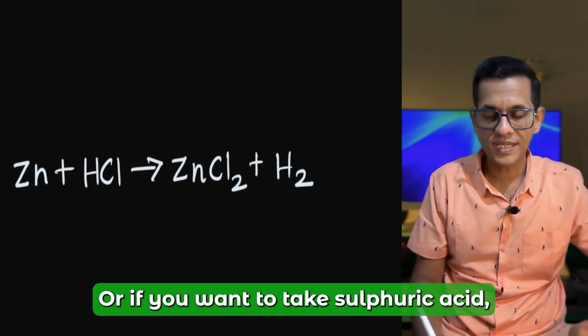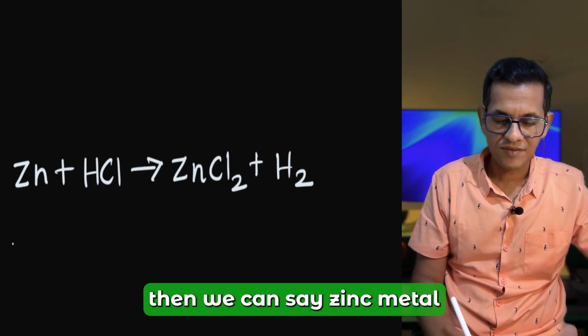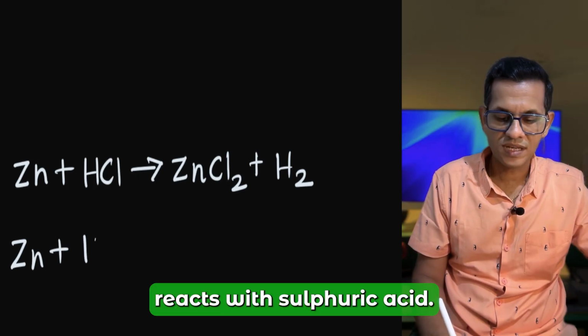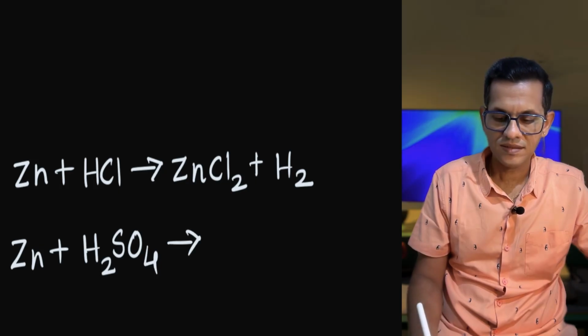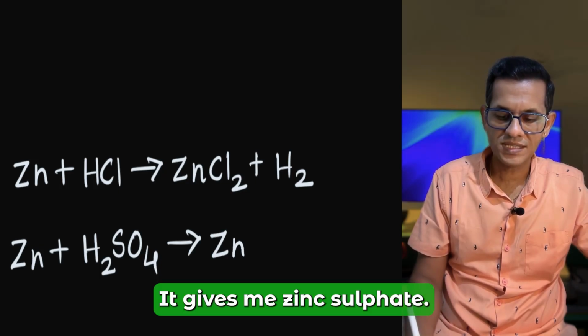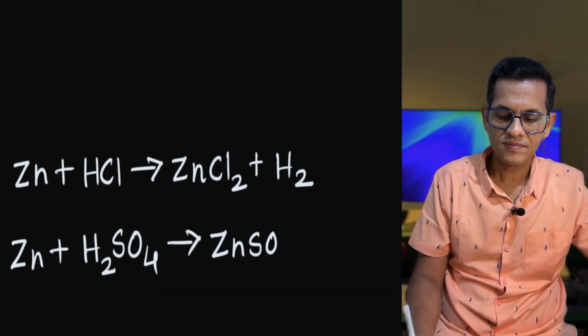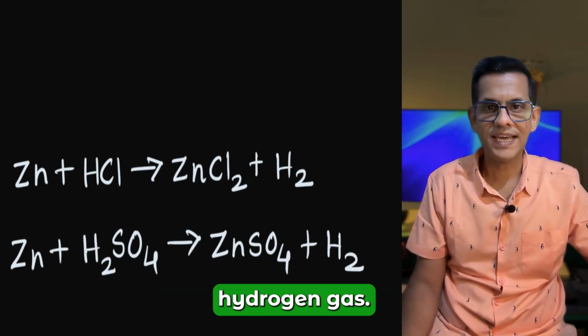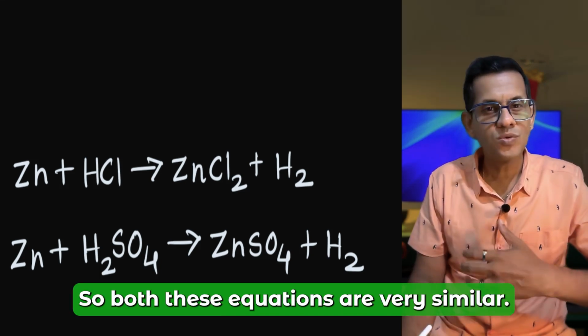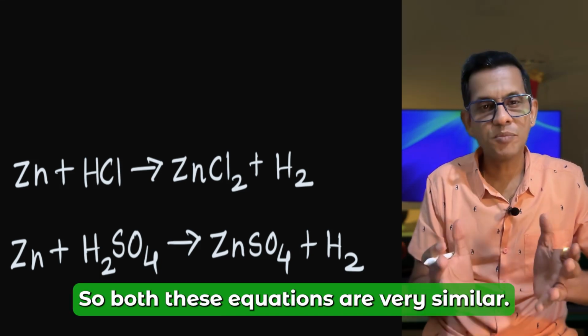Or if you want to take sulfuric acid, then we can say zinc metal reacts with sulfuric acid, it gives me zinc sulfate plus hydrogen gas. So both these equations are very similar.